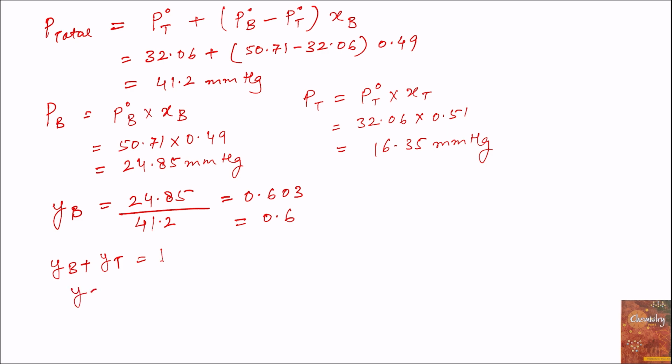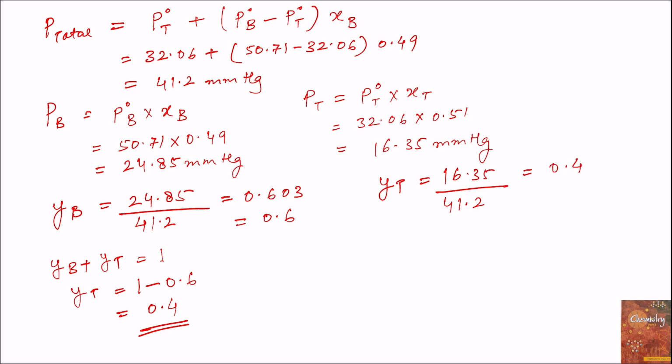So mole fraction of toluene in the vapor phase is 1 minus mole fraction of benzene in the vapor phase, which is equal to 0.4. Mole fraction of toluene in the vapor phase can also be obtained by applying the formula partial pressure of toluene divided by total pressure, and this value is approximately equal to 0.4.